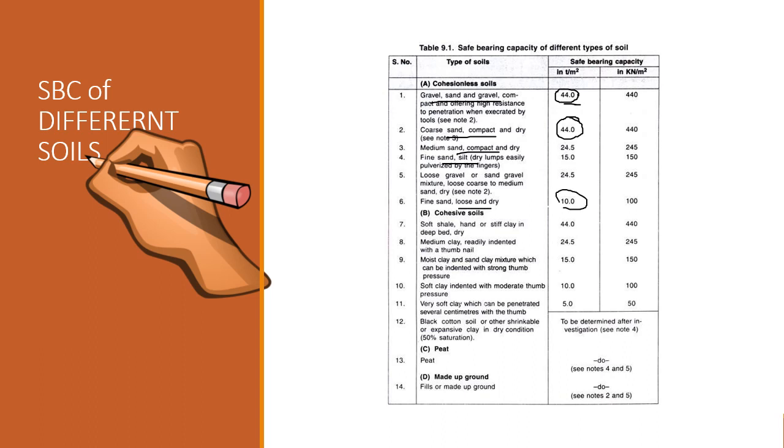Cohesive soils also show 44, but we should not use the cohesive soils, because if you use a shallow foundation on cohesive soils you will get a differential settlement failure because of the hydraulic pressure.